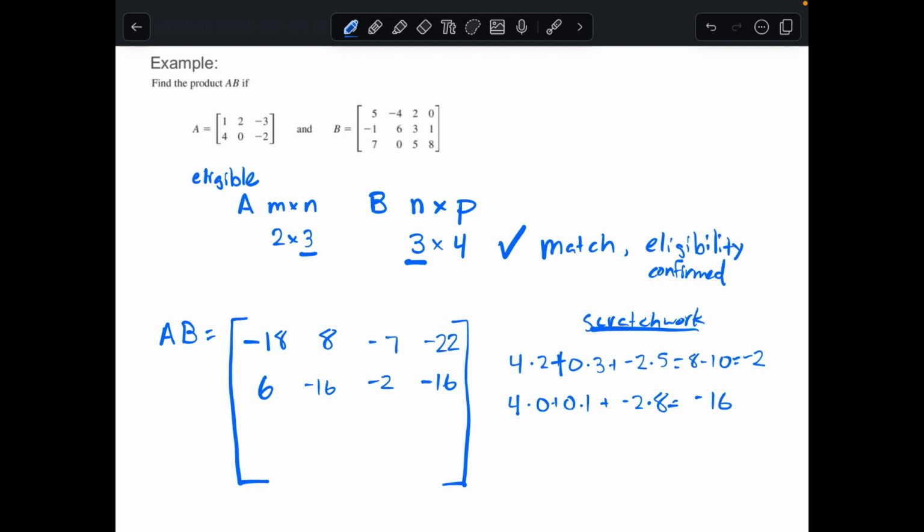Having exhausted all of my multiplication options, I'm done. So this is a 2-row, 4-column matrix. That's the product of matrix A and matrix B.